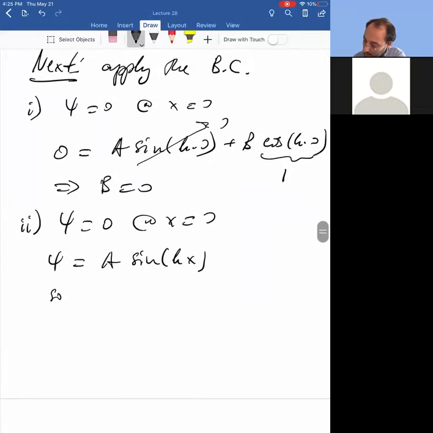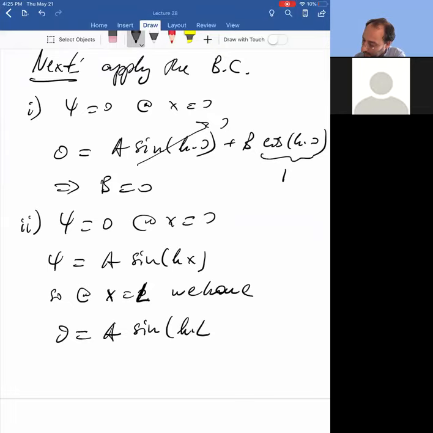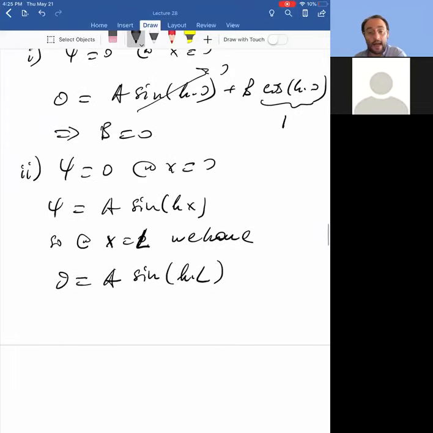So at x equals L, we have 0 equals a sine k times L. This can happen either if a is 0, well, then we don't have any wave function, we just have a 0. It's a trivial solution. Or KL equals n pi. Exactly like with the wave on a string.